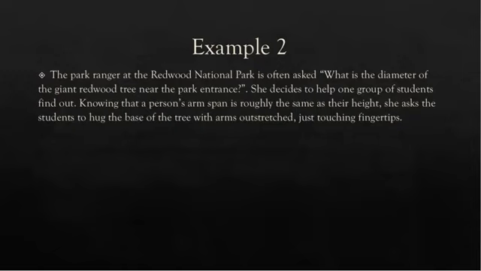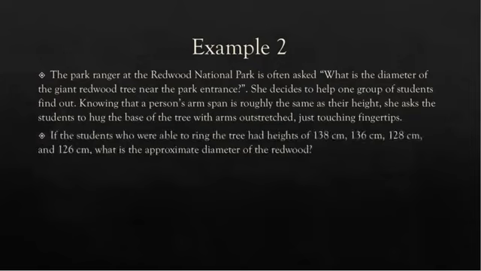So if their arms are outstretched, that's going to be their arm span. If they just barely touch fingertips, that would be their arm span, and that would be equivalent to their height. So if the students who were able to ring the tree had heights of 138 centimeters, 136 centimeters, 128, and 126, what's the approximate diameter of the redwood?